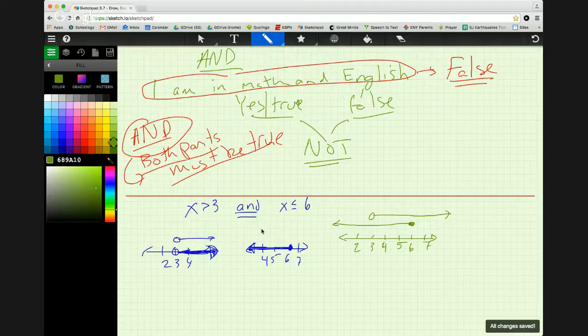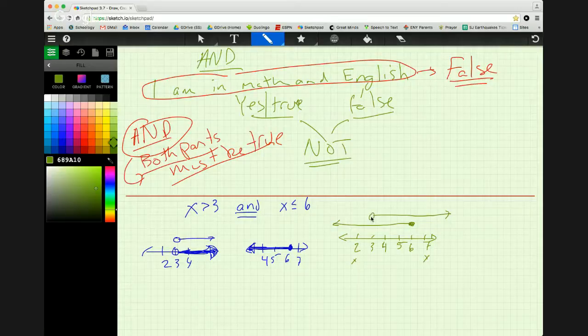Now, when are both of these true? Well, both of these are not true over here, not true at 2. Both of these are not true at 7. x is less than or equal to 6 is only true in here, and x is greater than 3 is only true in here. So we need to find the common intersection when both of these have solutions.